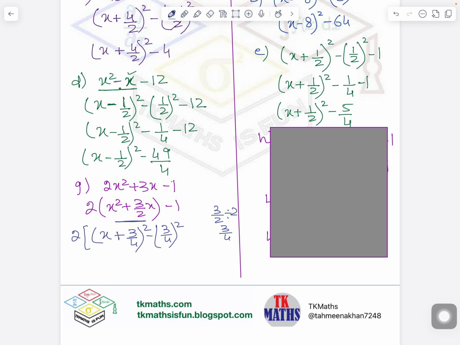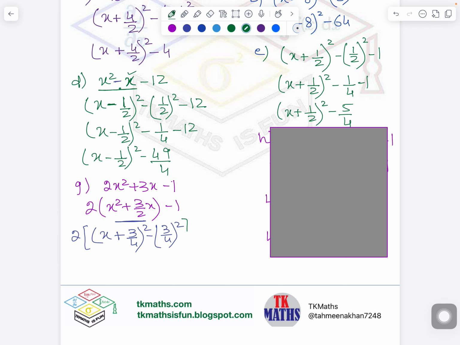Let me erase this part. And bracket close. Don't make the mistake of forgetting it. Now open the bracket. 2 times x plus 3 upon 4 square minus 2 times 9 upon 16 minus 1.